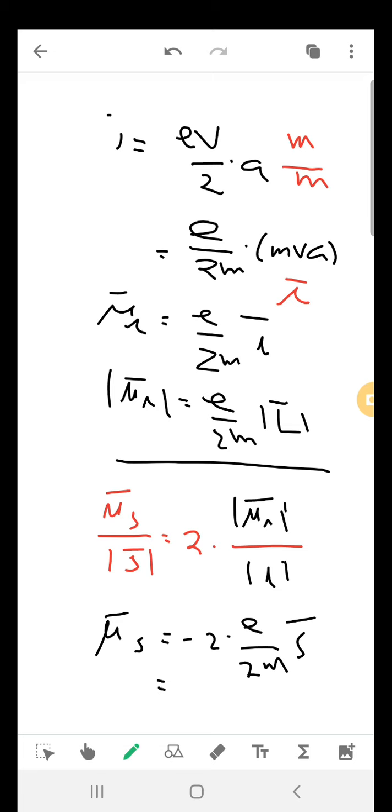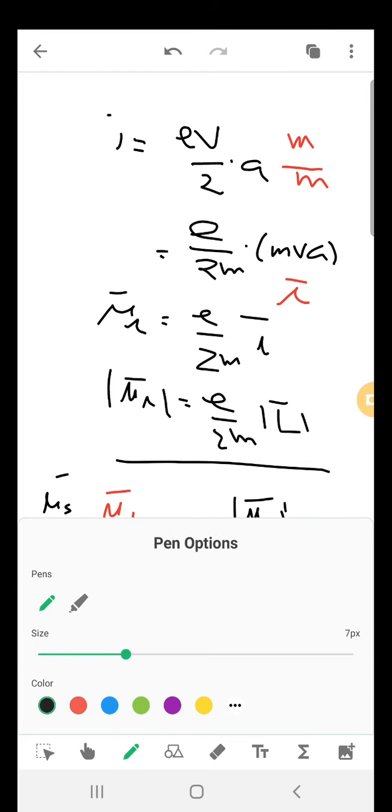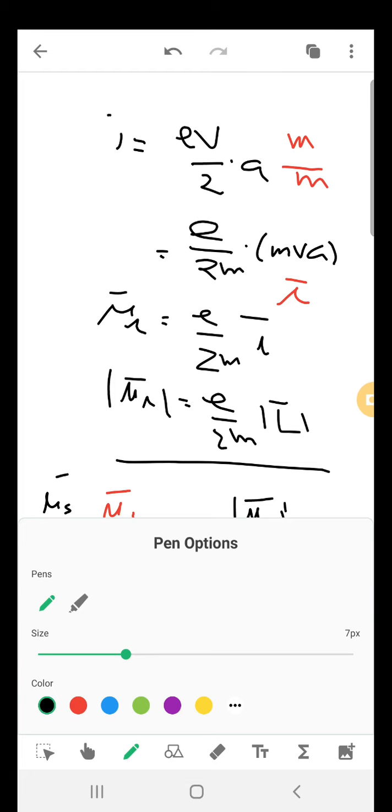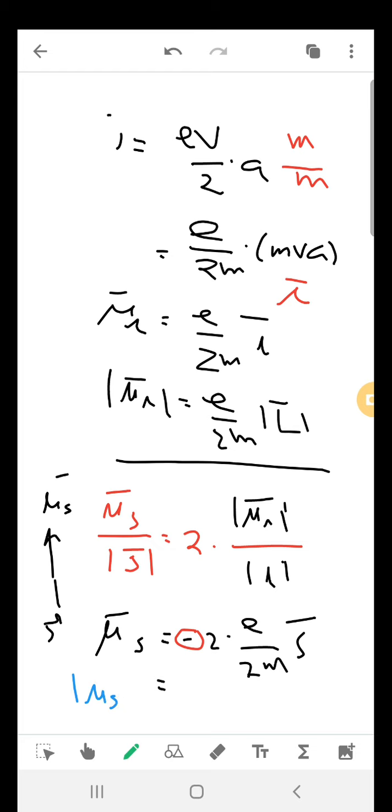The negative sign indicates that mu s and s are in the opposite direction. That means if this is your mu s, the s will be in the opposite direction. So that is indicated by this negative sign. And if we take the magnitude of mu s, I can write it as gs into E by 2m into s.